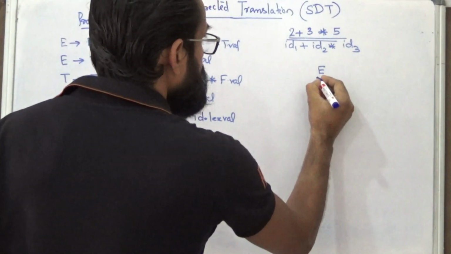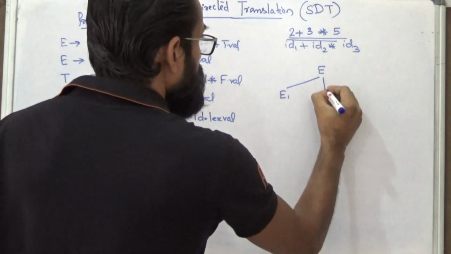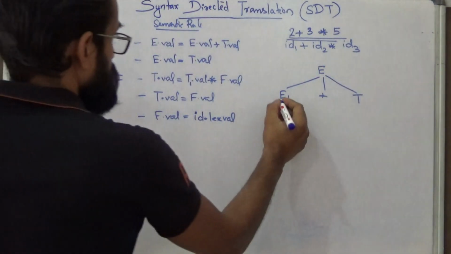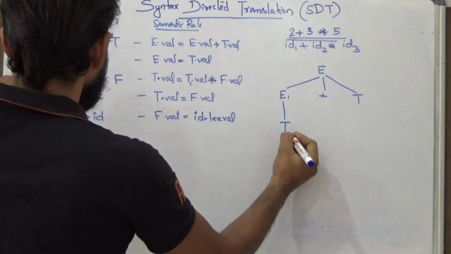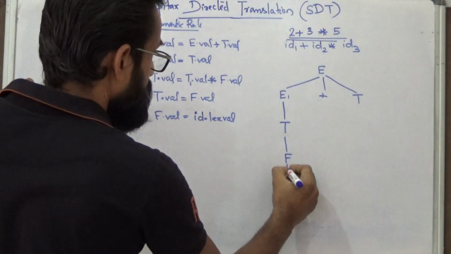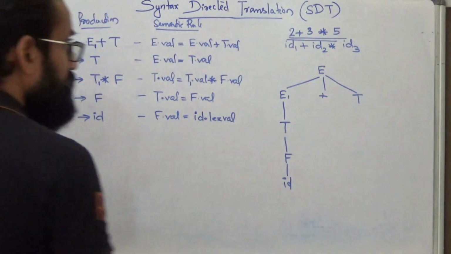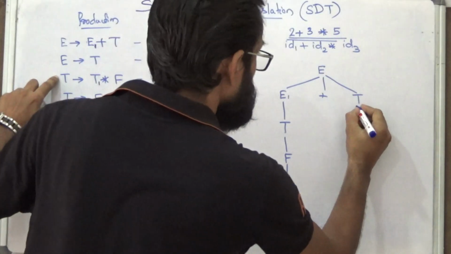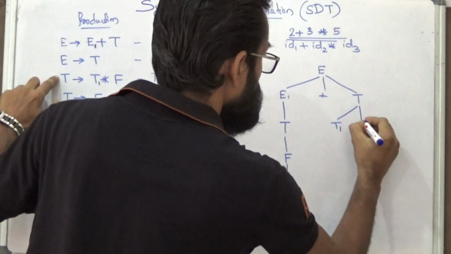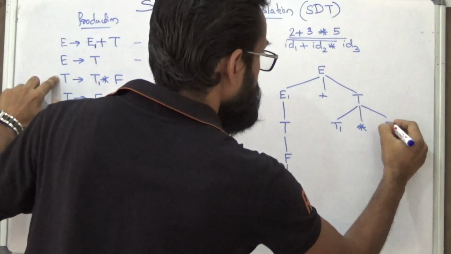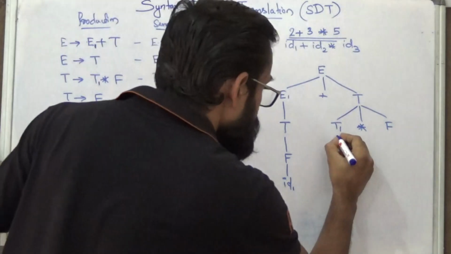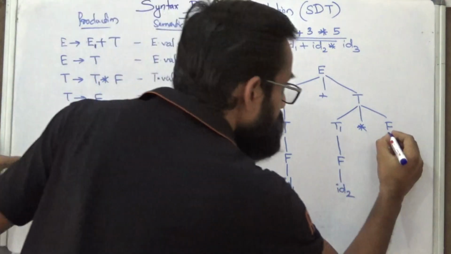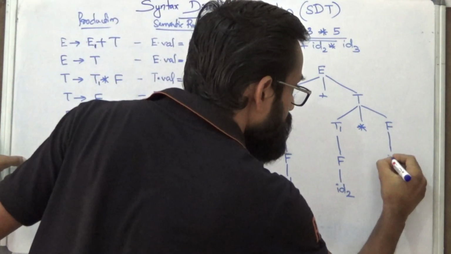We will be having E giving E1 plus T. So this E1 will give T will give F will give id1. Now T gets split to T1 star F. So T1 will give F will give id2. Now this F will turn to id3.